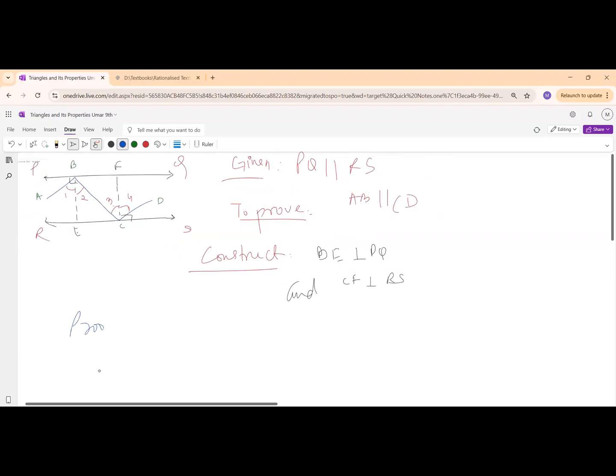Proof: angle 1 is equal to angle 2. Reason being the law of reflection. You know the law of reflection, right?